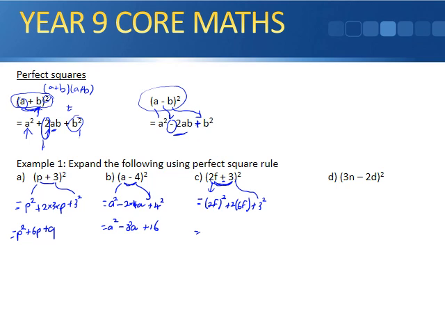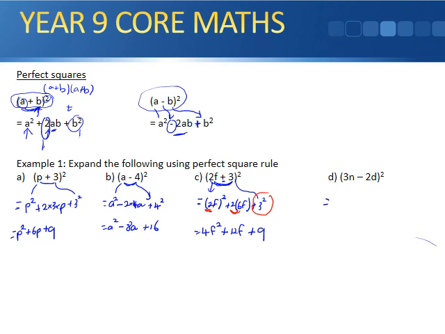So when I do this one over here, 2 squared gives me 4, and I've still got the f squared. 2 times 6f, 2 6s are 12, so plus 12f, and 3 squared is 9.